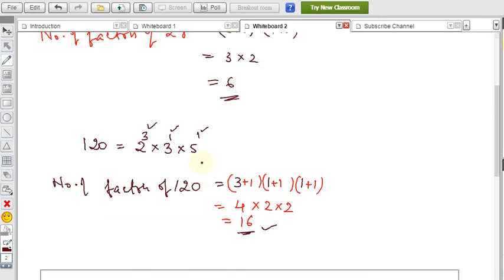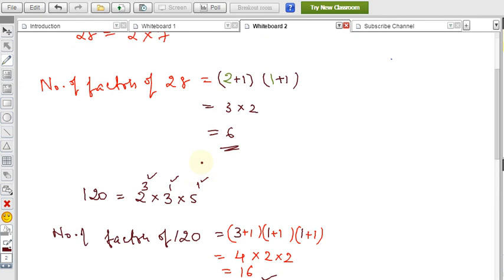Now we'll check this 120 also. For 120 we write the product of prime factors as 2 power 3 into 3 power 1 into 5 power 1. So for the number of odd factors, only odd bases count. Except 2, all the remaining prime numbers are odd bases.